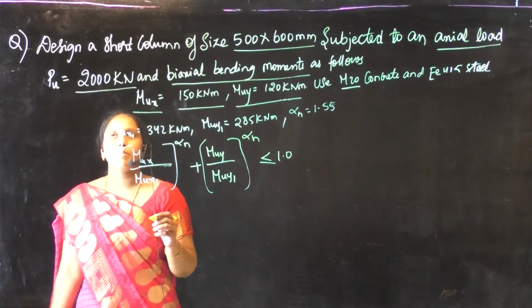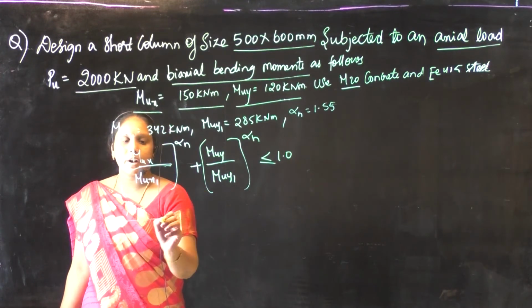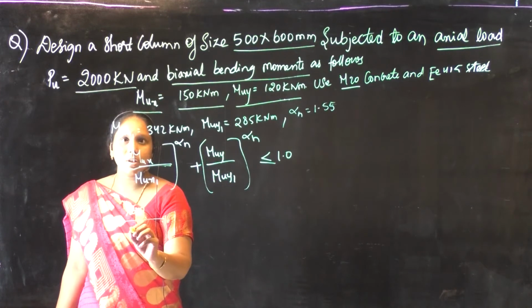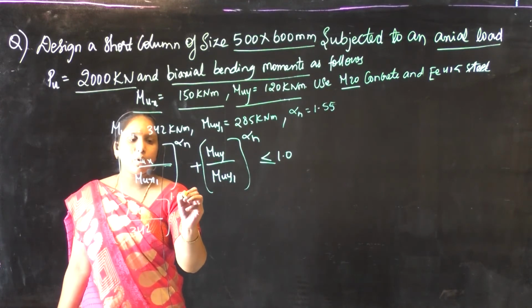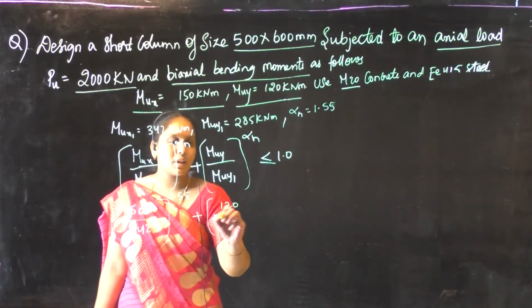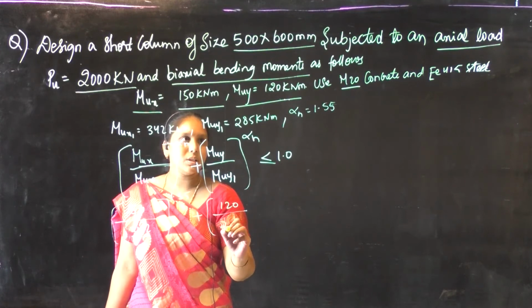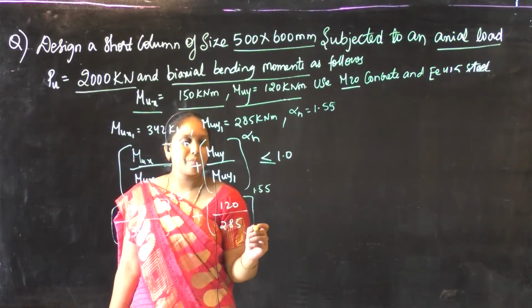So what is the value of MUX? MUX here is 150 divided by MUX1, which is 342, to the power of 1.55, plus MUY is 120 divided by MUY1, which is 285, to the power of 1.55.